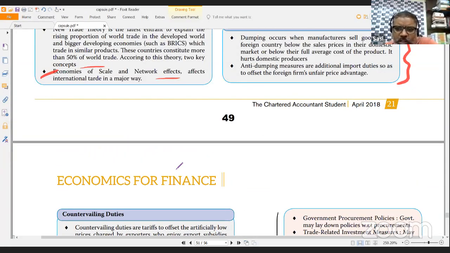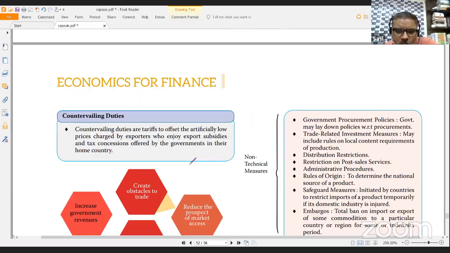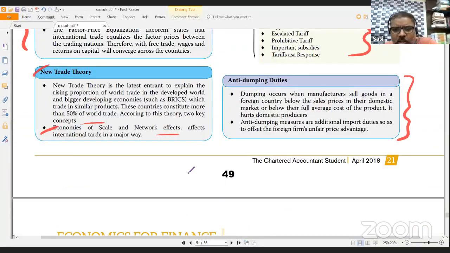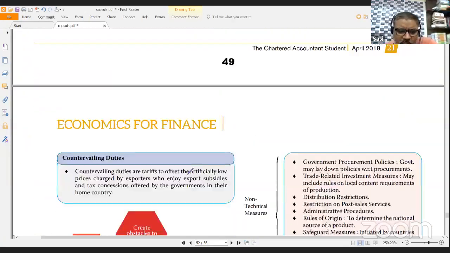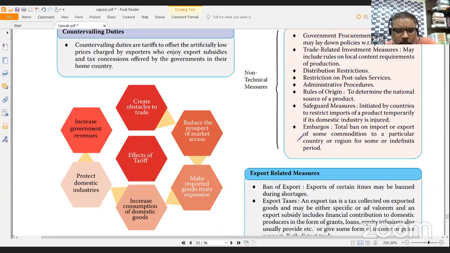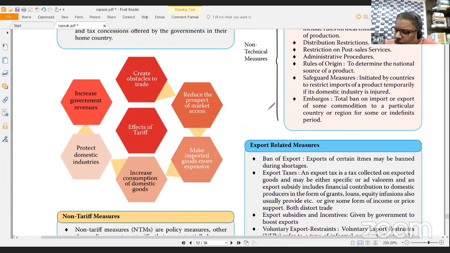We have to counter the tendency that imports will be more when their cost is less. When they are so cheap, imports naturally will increase. To counter that, the government will try to increase the cost of imports by applying all these tariffs and duties. That is one type of measure that governments take, encouraging exports on one hand and discouraging imports on the other hand.